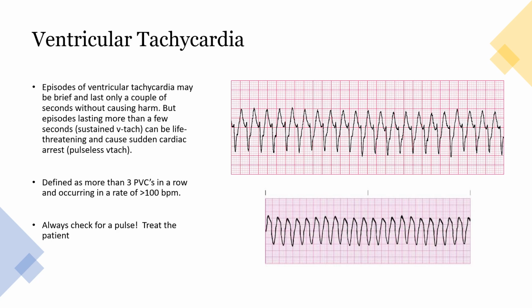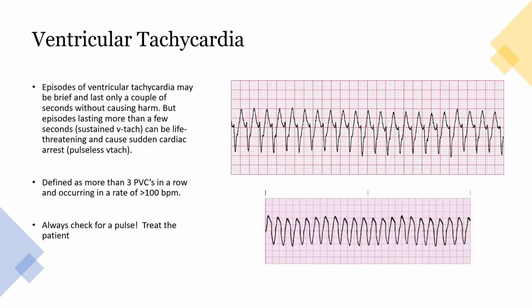Now let's think about this. VTAC is the ventricles firing alone. So if the ventricles are firing alone, we still have a heartbeat, right? It's ventricles that are firing and firing and firing. If this advances to a pulseless VTAC, that means that the ventricles are sending electrical impulses, but it's not going along with contracting anymore.